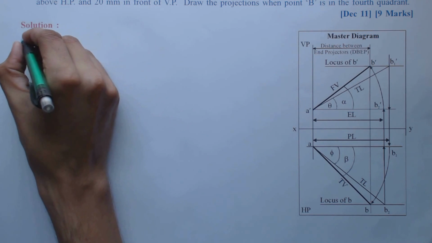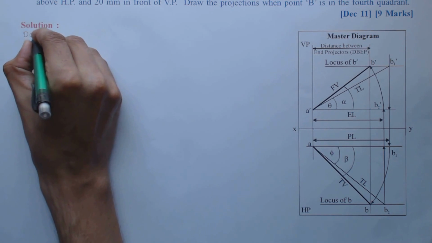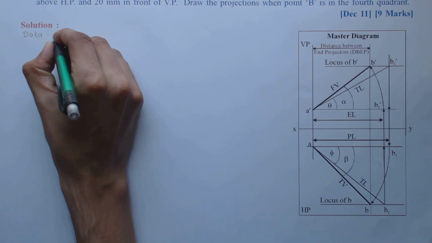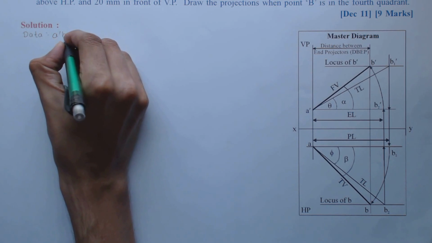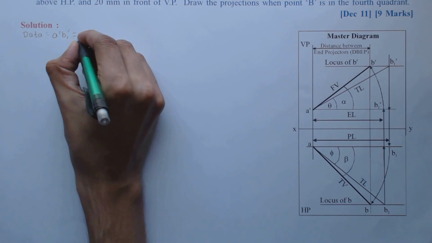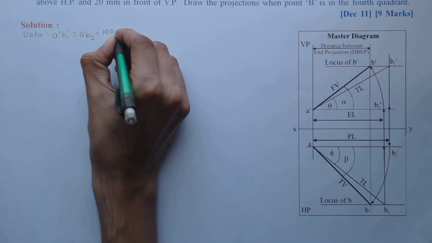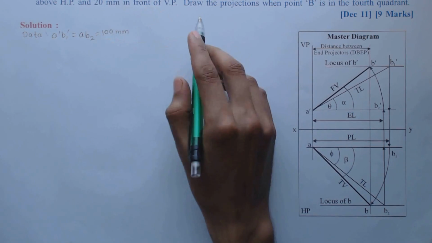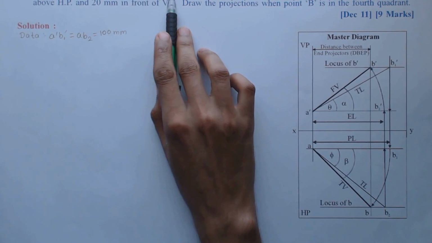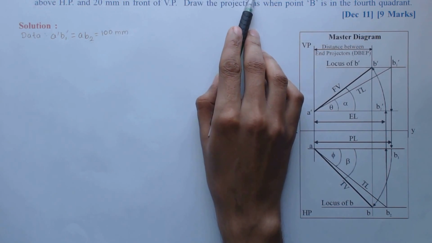So I can write the data: A dash B1 dash is equal to AB2 is equal to 100 mm. Now reading further, it is inclined at an angle of 30 degree to the HP.